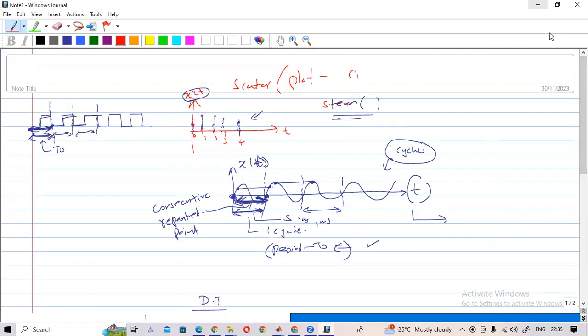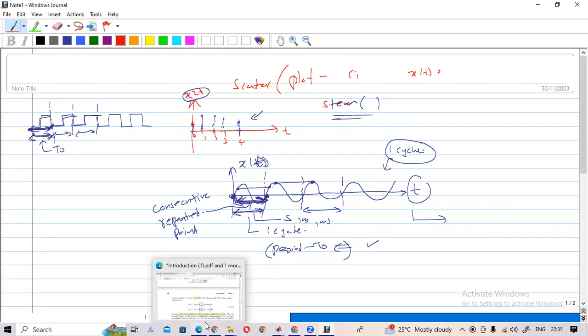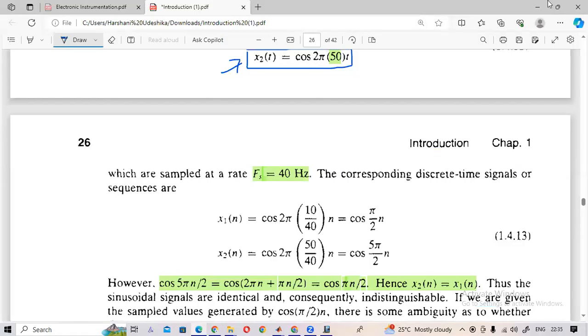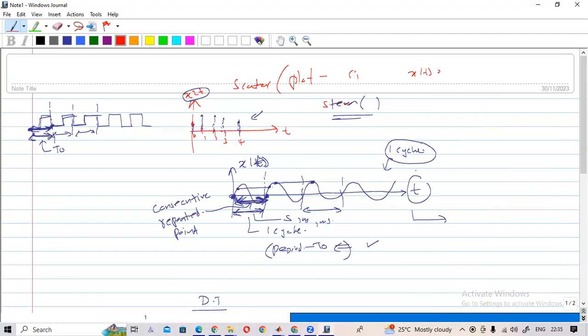Now if you consider the corresponding signal, we have x(t), though I can't remember what signal was given. Cos 2π 25 50t. This is the continuous time signal.